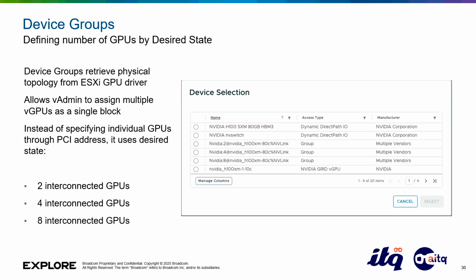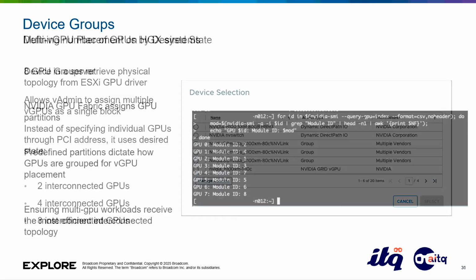And you can basically say, I want that, and then we will figure it out for you. So we will find the host, we will find the configuration inside the host that is as optimal as possible. So you don't have to think about figuring out which GPUs are connected to which GPUs.